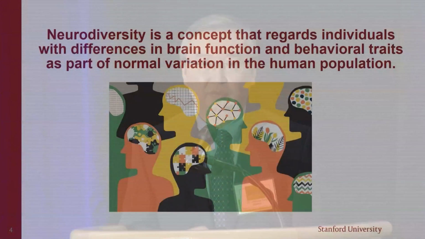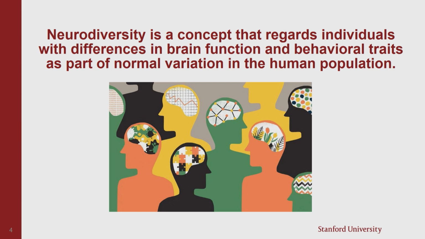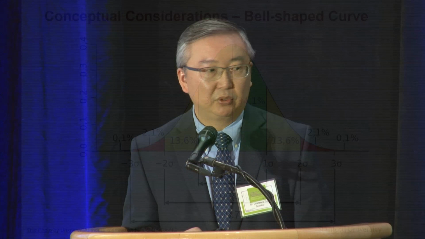So what is neurodiversity? According to some experts before me, they define neurodiversity as a concept of really thinking about the behaviors and brain function of all the people that have differences as part of the normal variation of the human race. I think most of us have seen the bell-shaped curve.